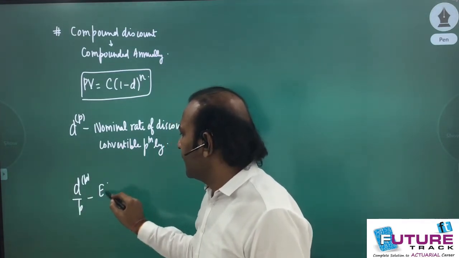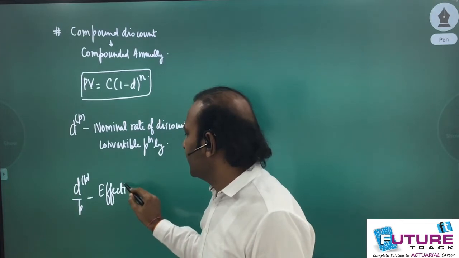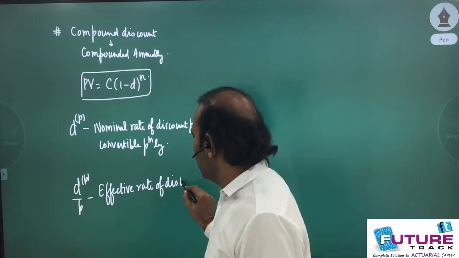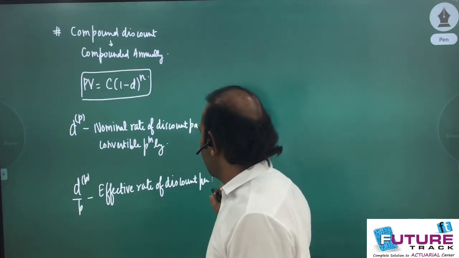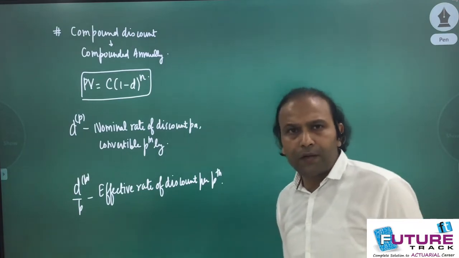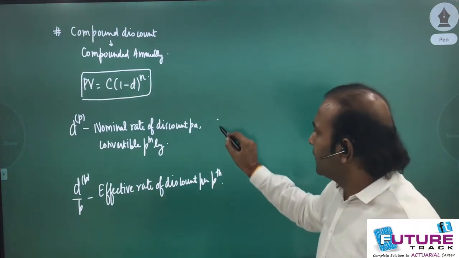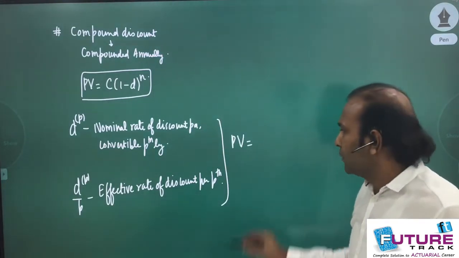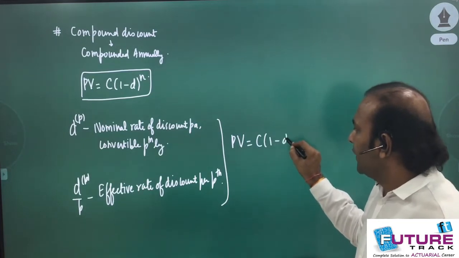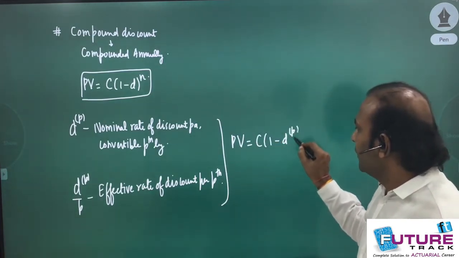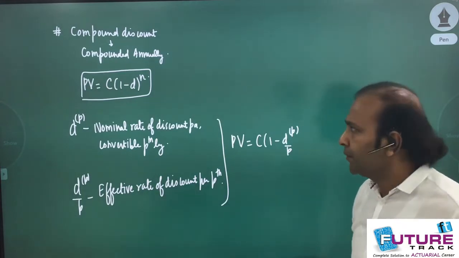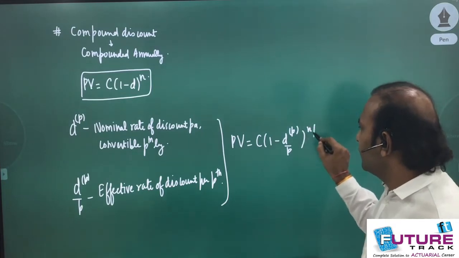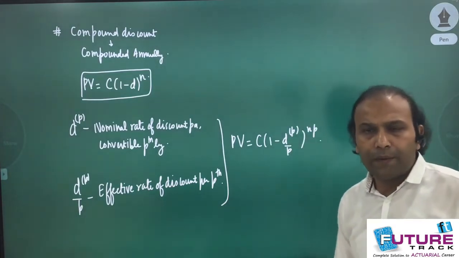This is effective rate of discount per p-th period. Same notation like we have done in the interest part. So class, for this, what is my present value formula? So it is C(1 − D^(p)/p), in place of D we have what? D^(p)/p. Time and rate of interest unit is same, so it becomes np.